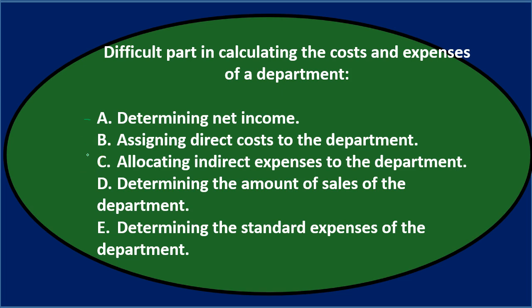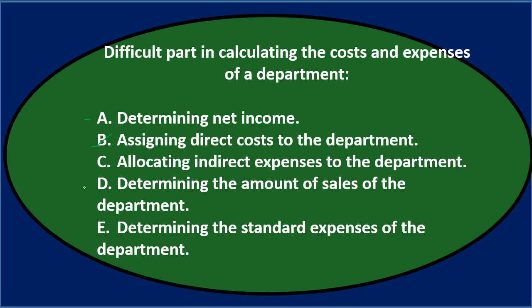Of those two, the more difficult one you would think would be assigning the indirect, because we have to go through some process to do so. The direct expenses would be directly allocated because they're incurred within that department. So I'm going to say B's not it. Of those two, I would think C would be the answer.